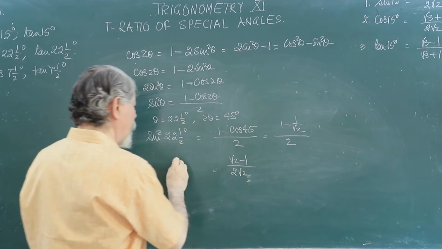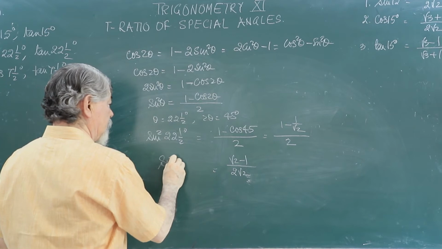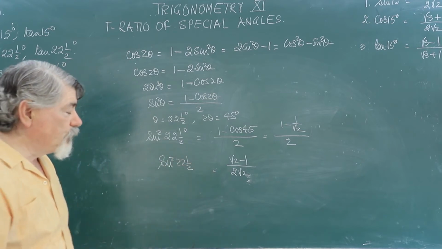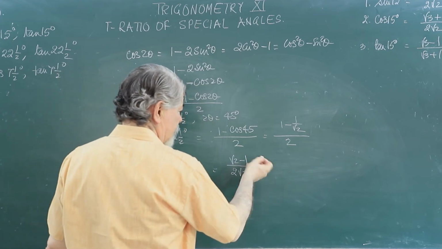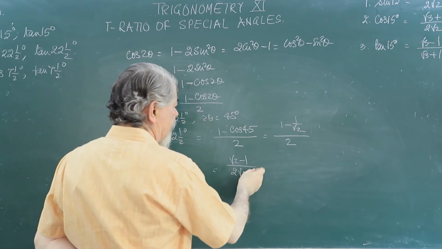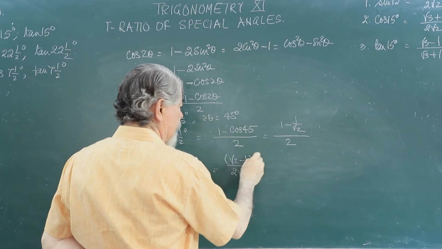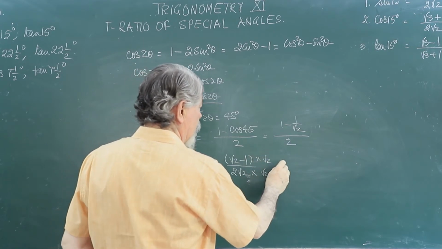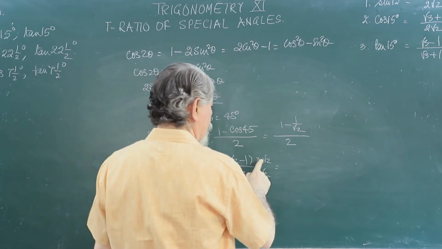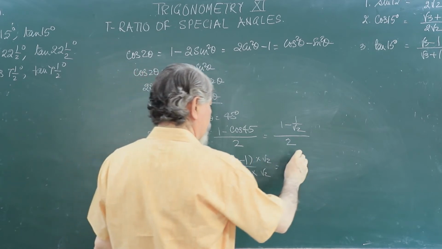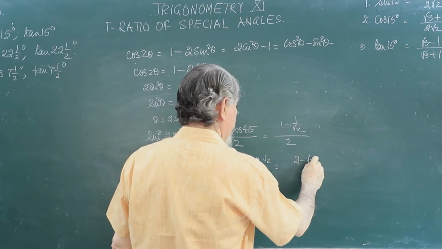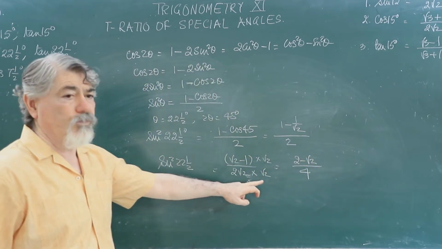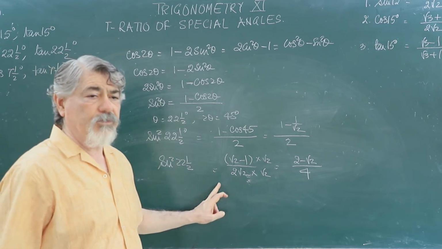This is the value of sine square 22.5. Now I am going to remove this root by multiplying numerator by root 2 and denominator also by root 2. What will you get? Root 2 into root 2 will become 2 minus root 2, and this will become 4, because 2 root 2 into root 2 will become 4.